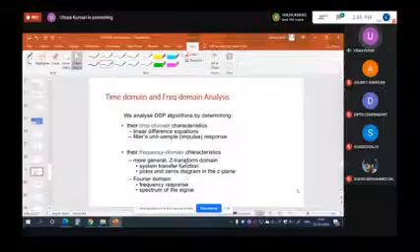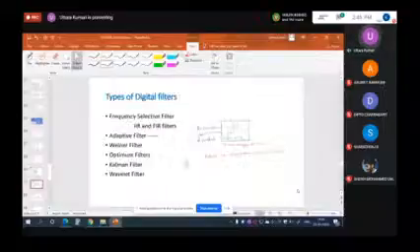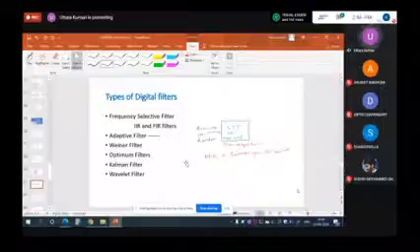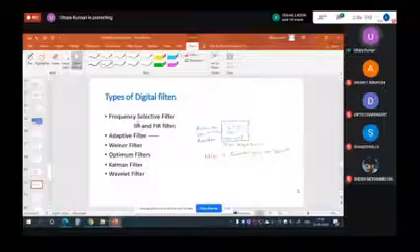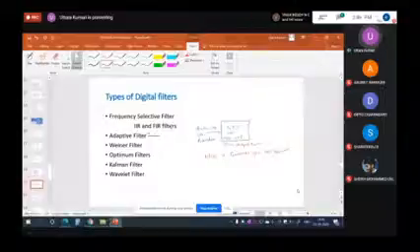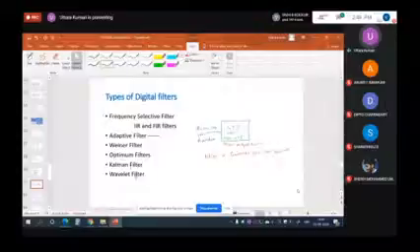So based on this whole discussion for signal processing, the filters can be frequency selective filters like IIR, FIR kind of filters, or adaptive filters, or Wiener filters, optimum filters, or Kalman filters, or wavelet filters. How are these filters differentiated?